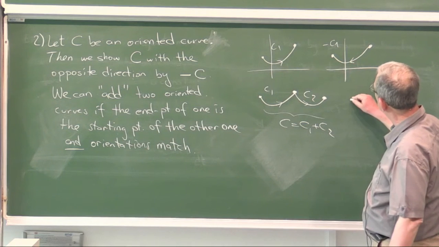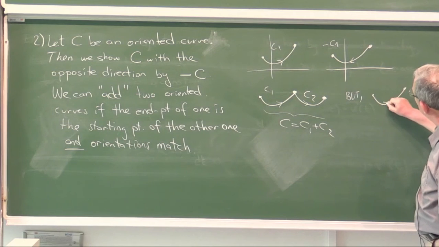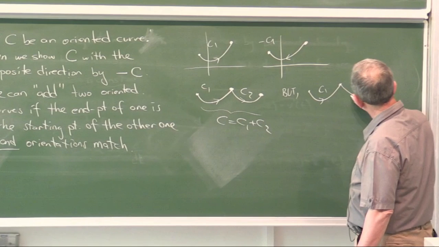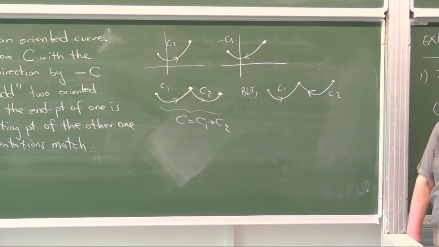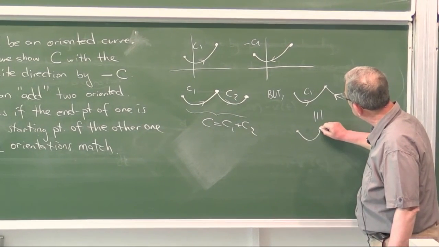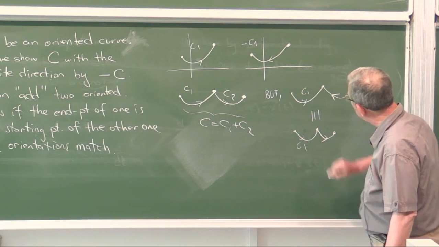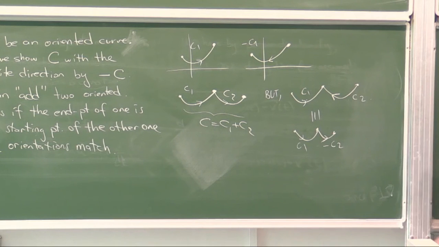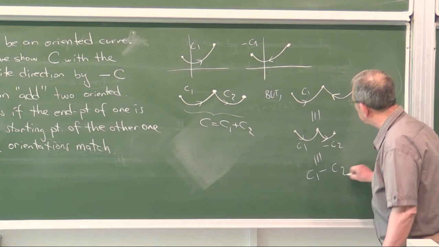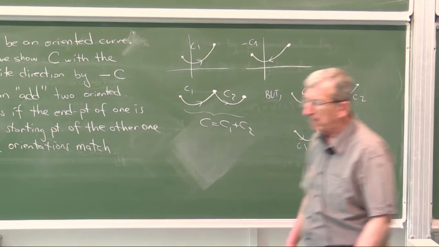But on the other hand, say we have this C1 and we have this C2, but with the opposite orientation. Now, what do we have in this case? Well, I can write this as two curves where this one is C1 and this one is minus C2. And so this is actually C1 minus C2. So this way, we have an algebra of curves.